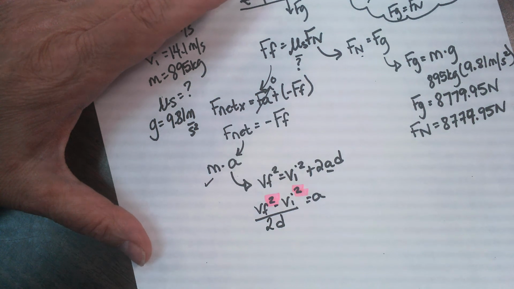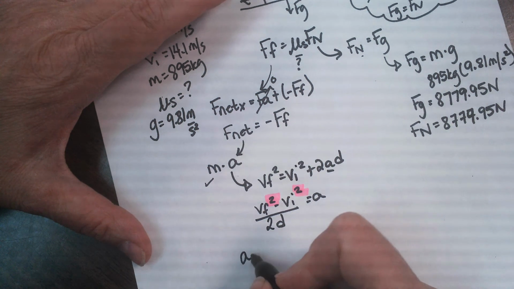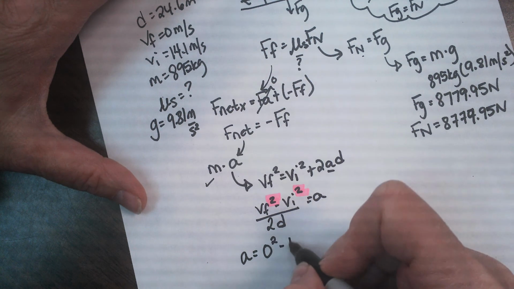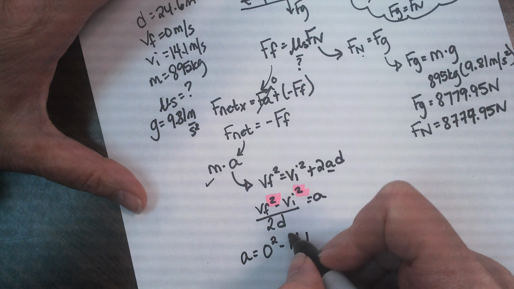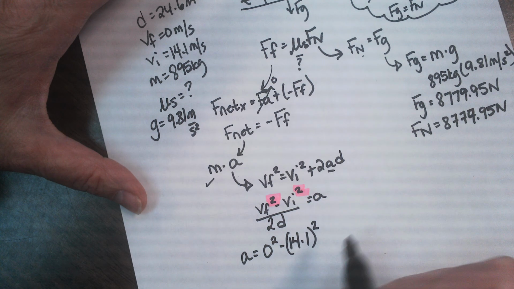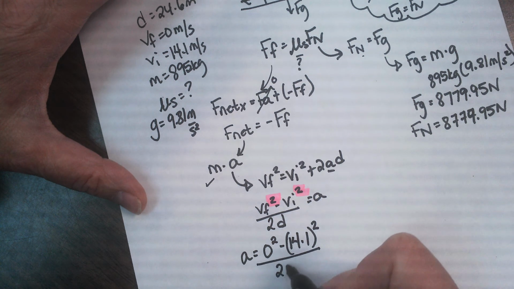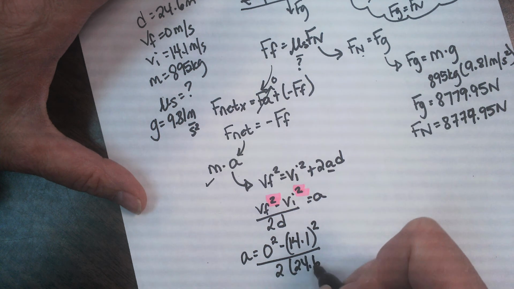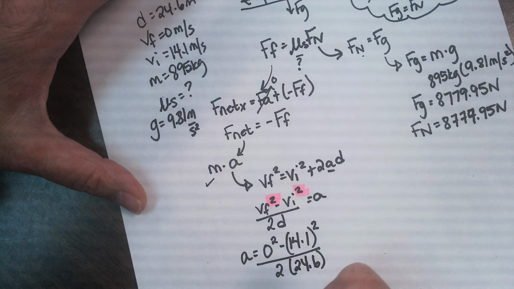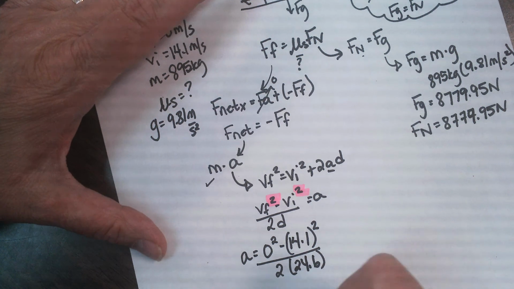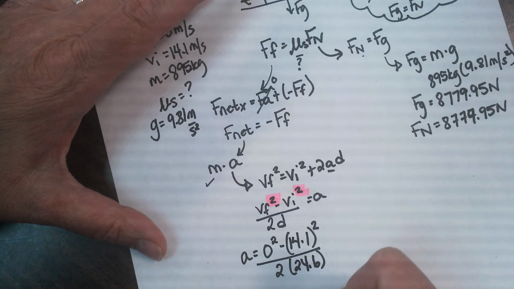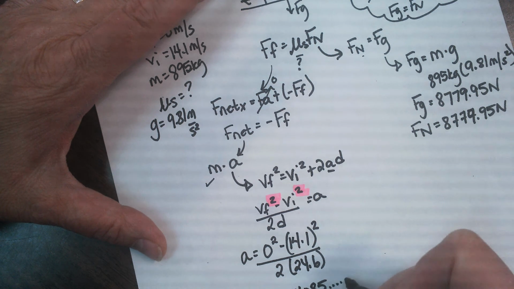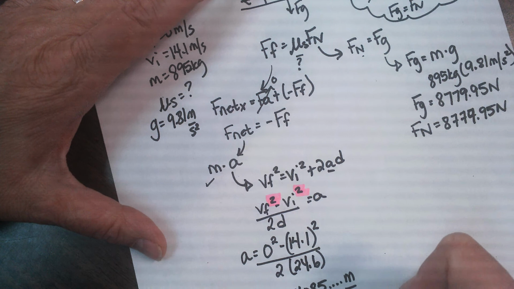I need to move the 2 over. So my A is going to be equal to 0 squared minus 14.1 squared divided by 2 times 24.6. And my A came to negative 4.04085 meters per second squared.